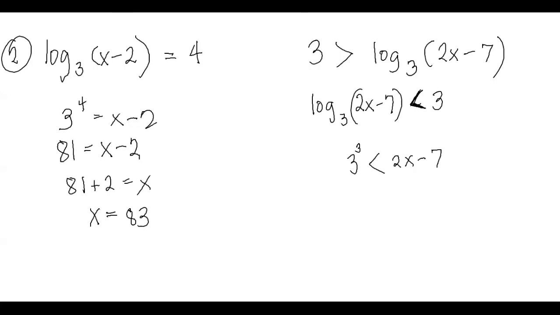Kung saan nakaharap yung buka, doon din dapat nakaharap yung bunganga nung inequality sign. Nakakalito kasi ang logarithm. Ulitin ko: kung exponent ang 3, doon din dapat nakaharap sa exponent.